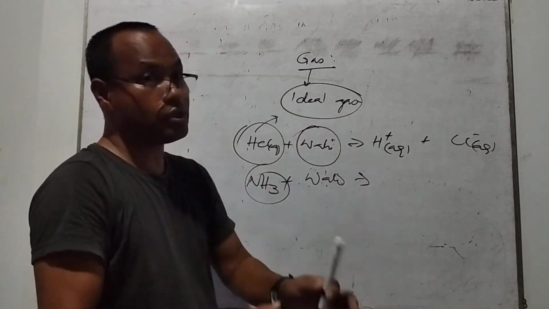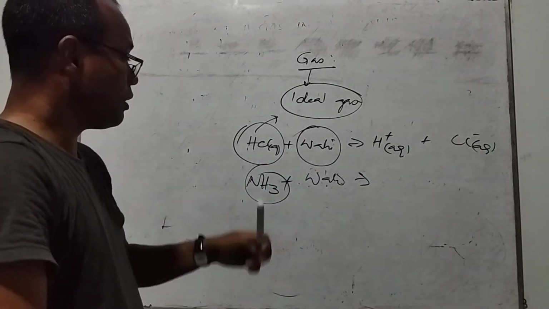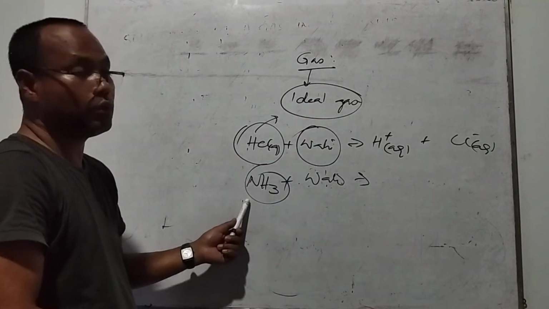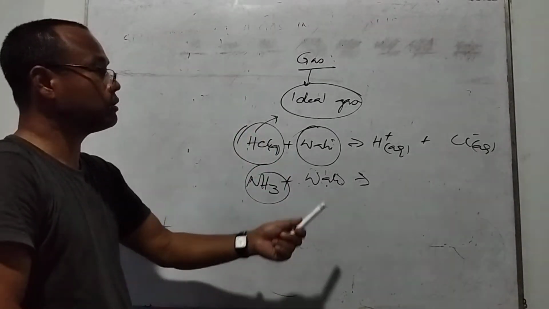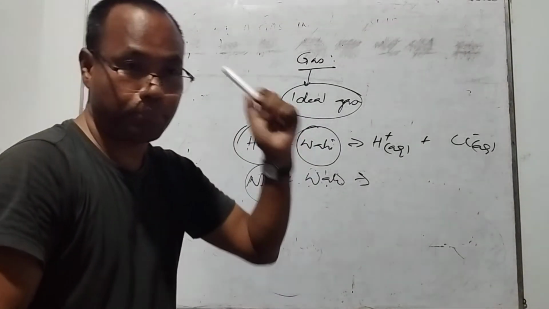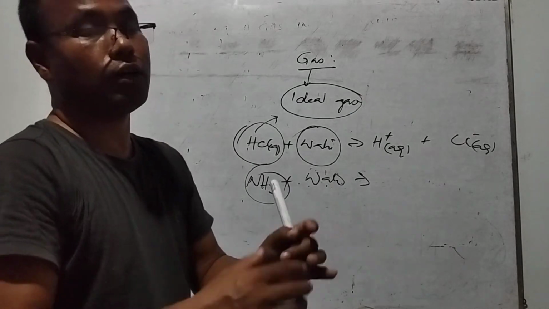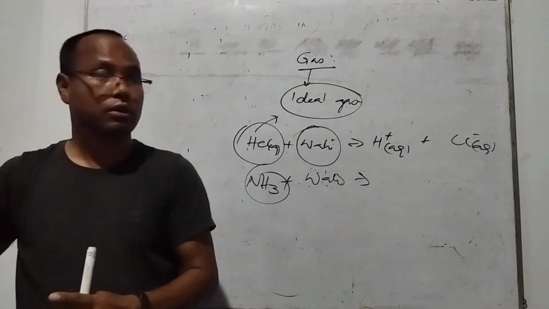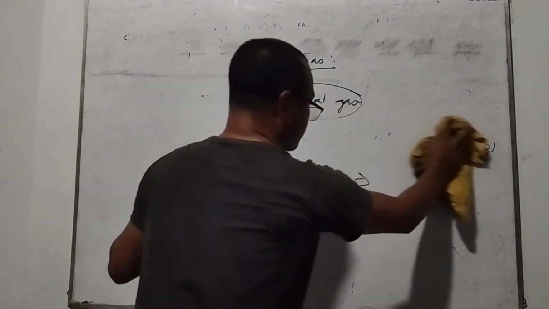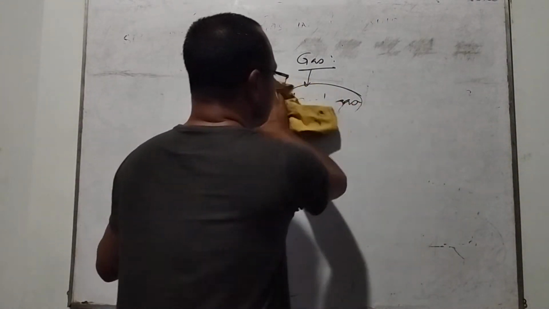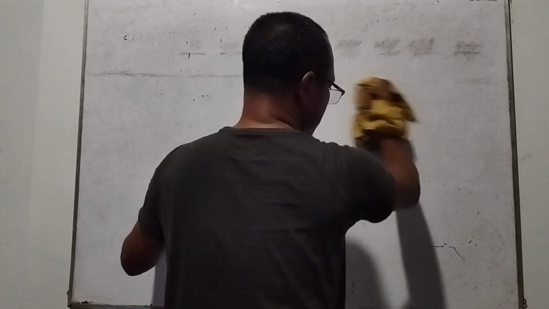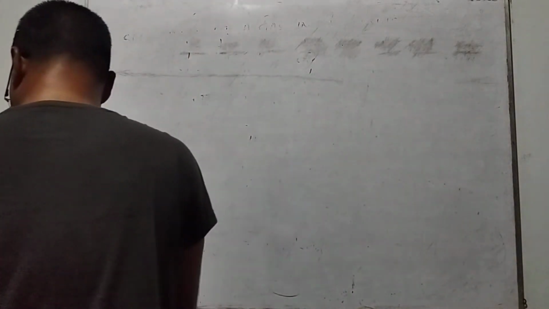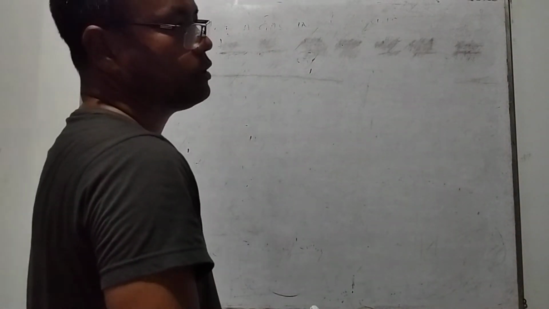Because dissociation takes place. Then why don't we consider ammonia gas dissolved in water in Henry's law? Because ammonia also undergoes association, right? Now here we have some applications of the solubility of a gas in a liquid, right?